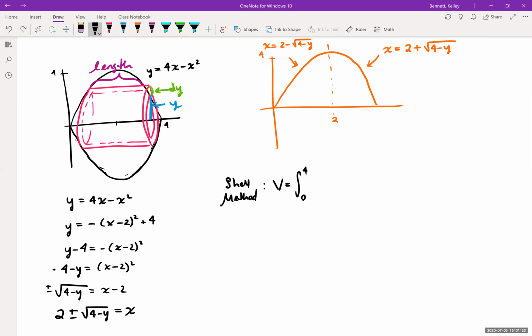Then what do I get? I get 2 pi times the radius, which gives me my circumference, and the radius was just y. Then the length is going to be the right side minus the left side. So I get 2 plus the square root of 4 minus y minus the square root of 4 minus y, and then times our little width, which was just dy.